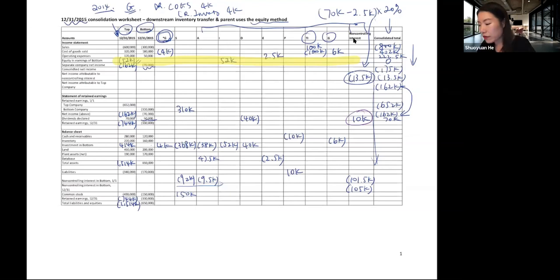So we add up everything until here, and then it is allocated between controlling and non-controlling interest. So this we already talked about before, and then you add up everything vertically, that will give you the ending retained earning of 744,000. And this 744,000 is carried over to your balance sheet.